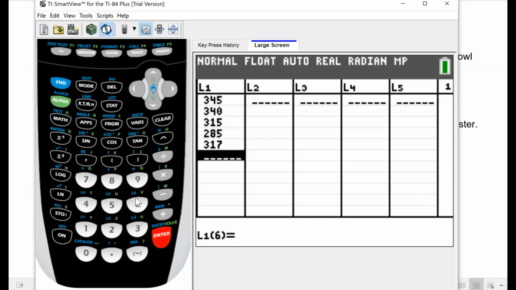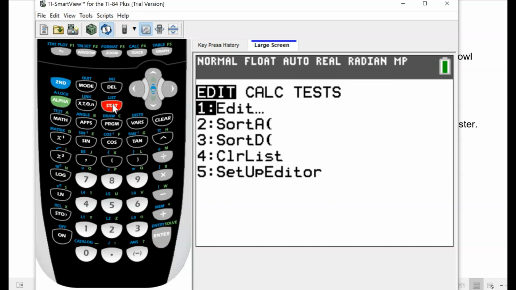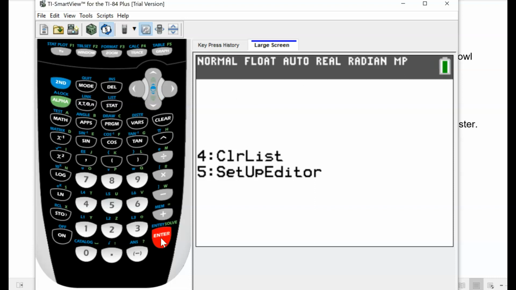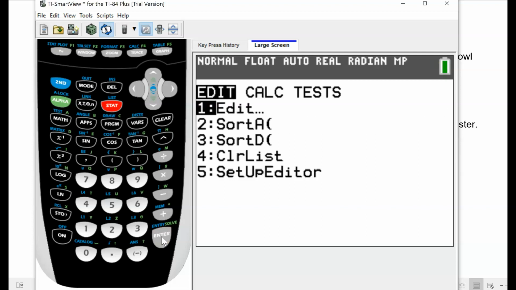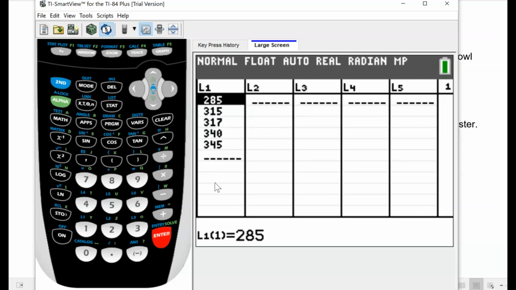Then I hit Stat, go down to Sort A, which stands for Sort Ascending, meaning least to greatest. Hit Enter, and then tell the calculator what list to sort. I put my numbers into L1, which is above the 1 key, so hit second, 1, and then Enter. If we go back to the list, Stat, Enter, all of those numbers will be in order.